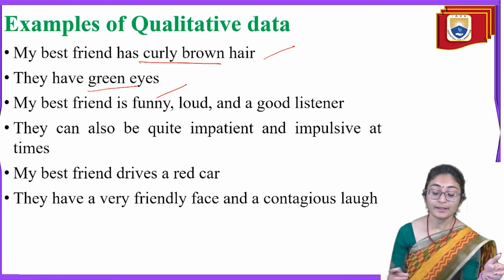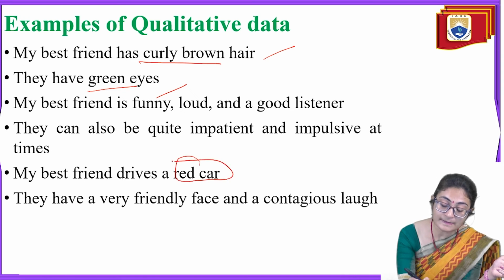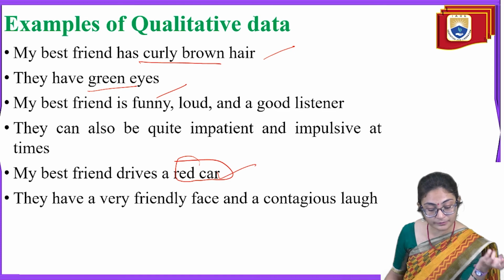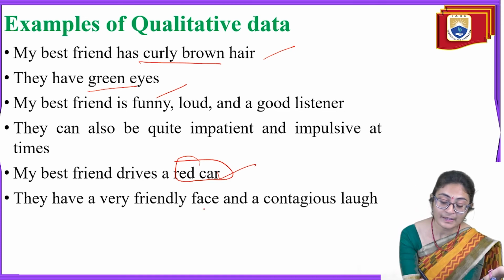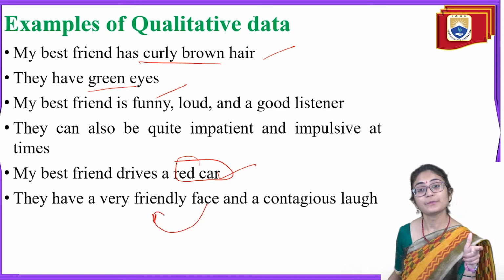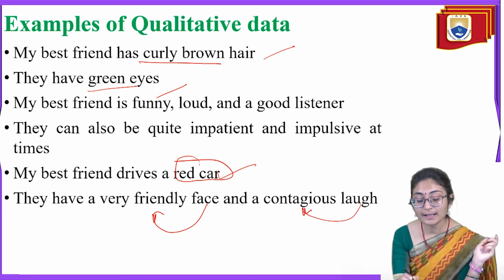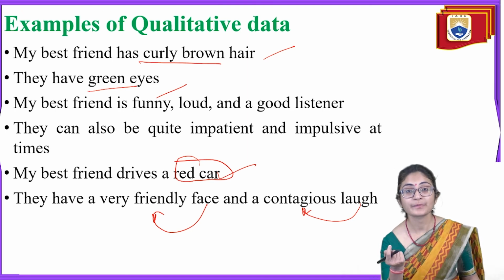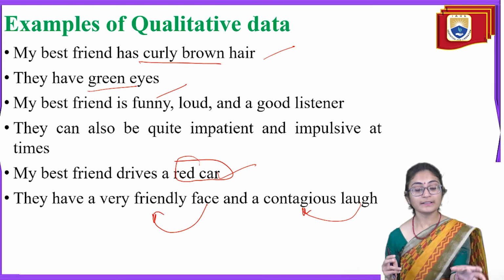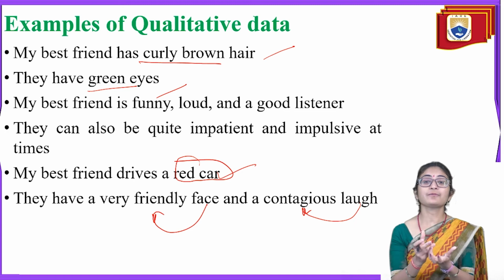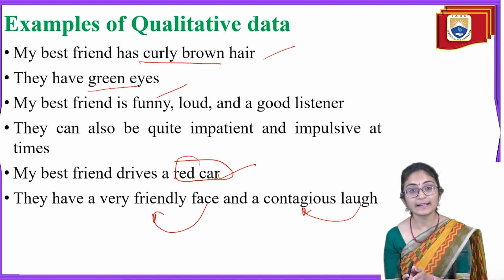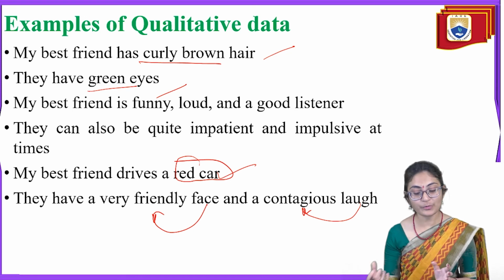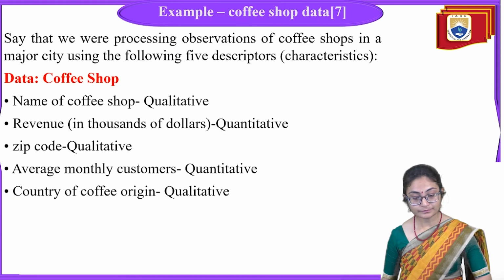Then again, a red car, that means it is showing the characteristic of the car. They have a very friendly face, that means it is showing about the face, and it is showing about the laugh. Friendly and contagious show the quality. That means in qualitative data, the data will show only characteristics and only the quality of the information.